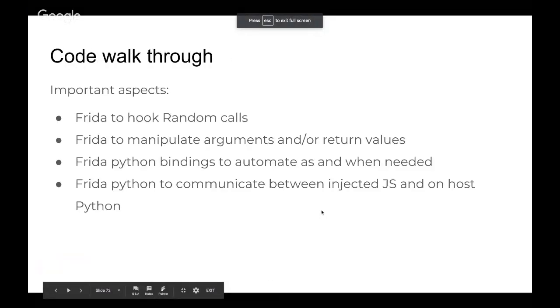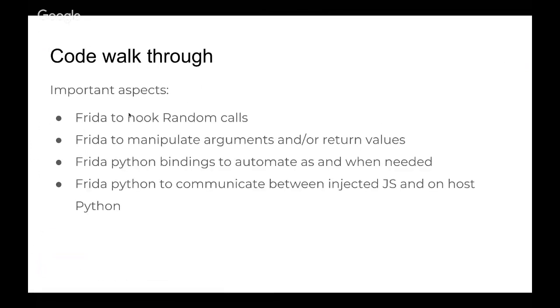And yes, we did the code walkthrough already, and some of the most important aspects to note were that we used Frida for everything. We used it to hook random calls, and we used it to manipulate the arguments or the return values. In this case, we were basically manipulating the return values, not allowing it to return the actual values but what we wanted. We used Frida Python bindings to automate all of this because we wanted to control the new index generated from our end.